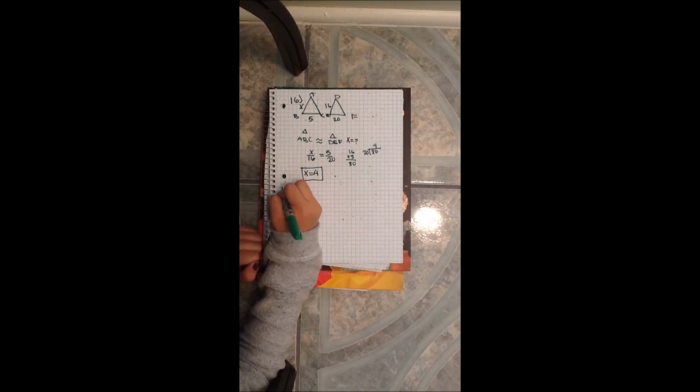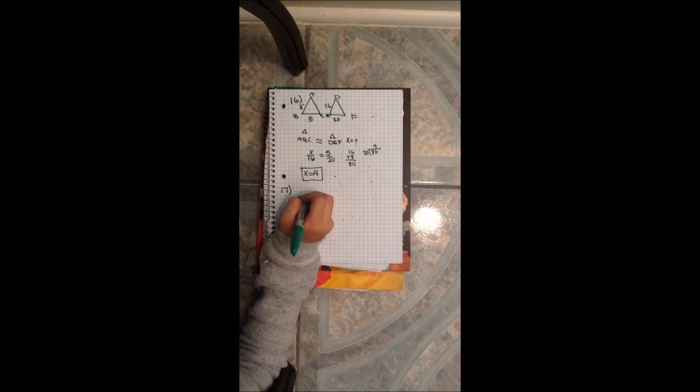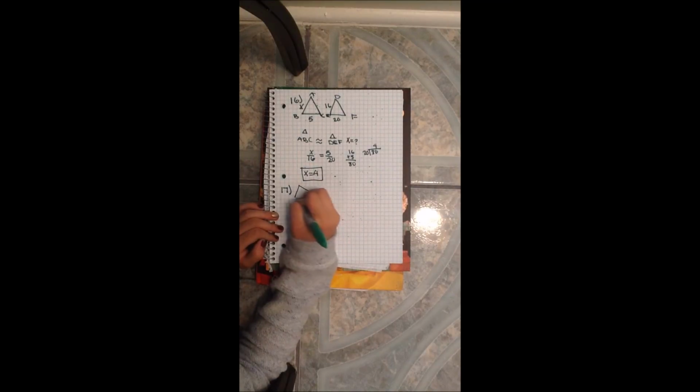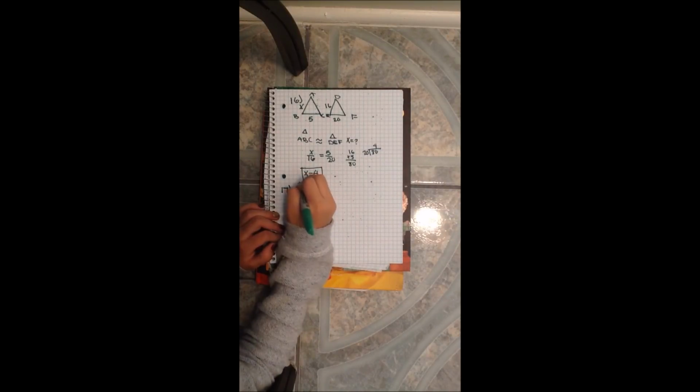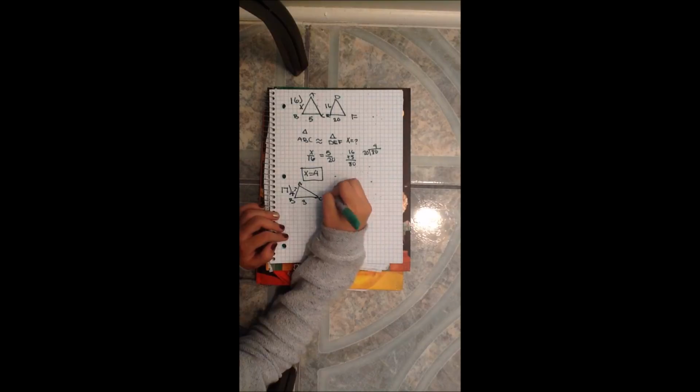And now number 17, it is a similar one as well. So it is two triangles, B, C, A, and AB is X minus 1, BC is 3, and then the other one is E, D, F. AD is 2X plus 3, EF is 12.